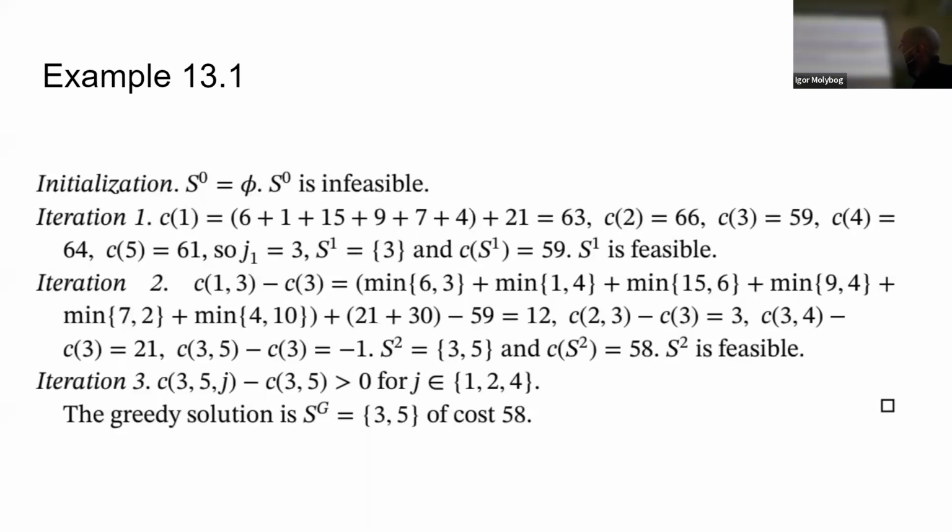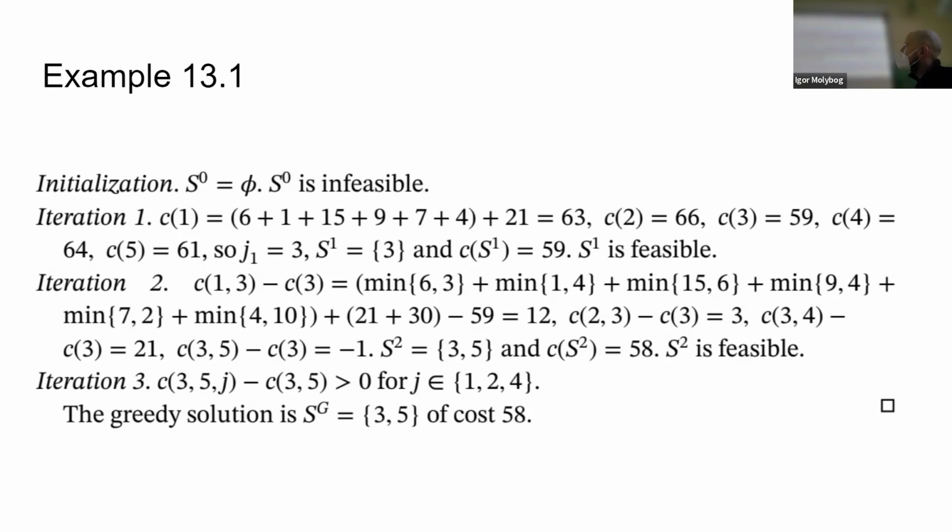It's the minimal loss that we suffer, and moreover, there is a feasible solution that corresponds to it. So we define S1 to be equal to the set that consists of the single element 3.